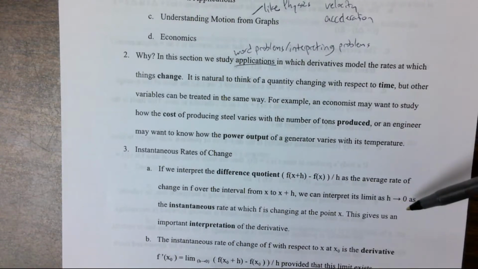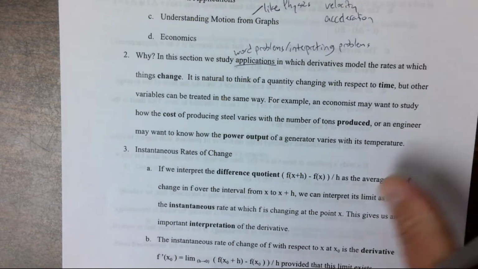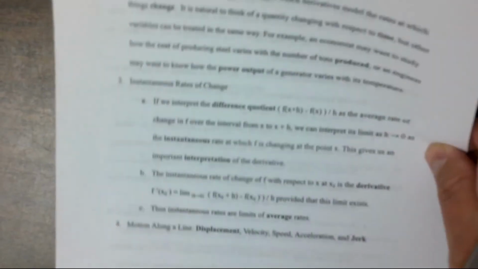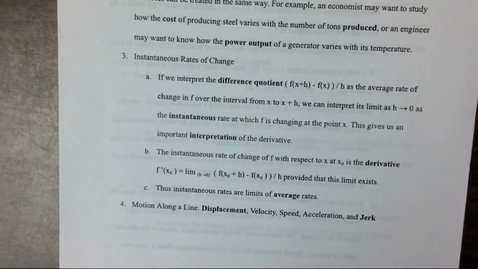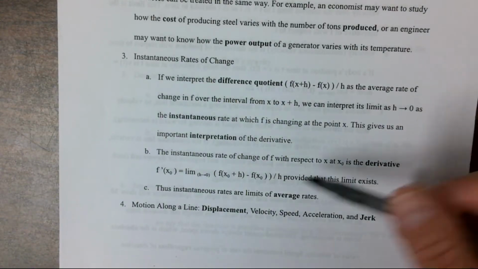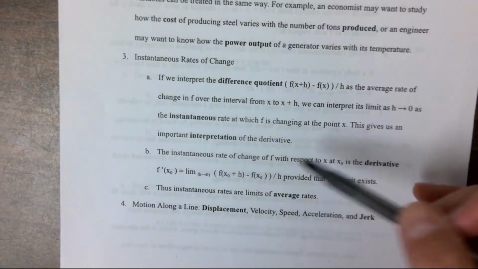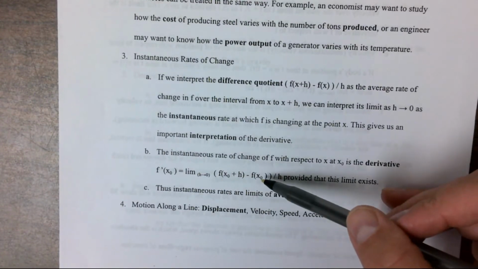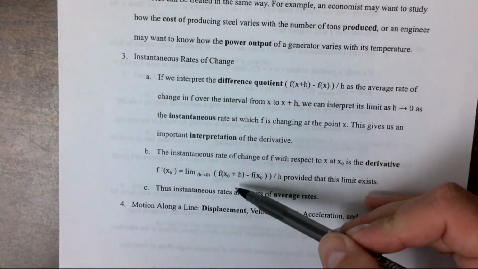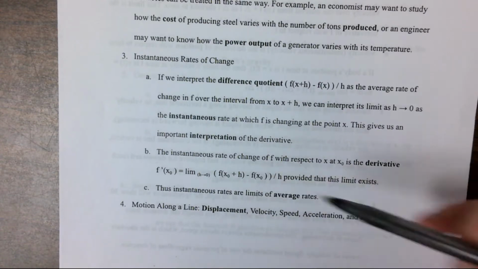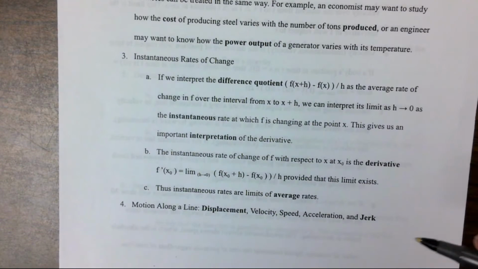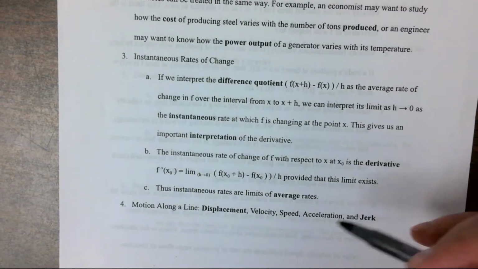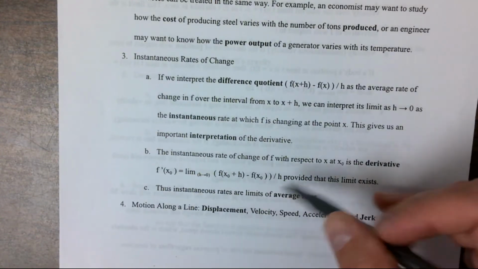This gives us an important interpretation of the derivative. The instantaneous rate of change is the derivative: the limit as h approaches 0 of the difference in f of x0 plus h and f of x0, provided that the limit exists. Thus, instantaneous rates are limits of average rates.